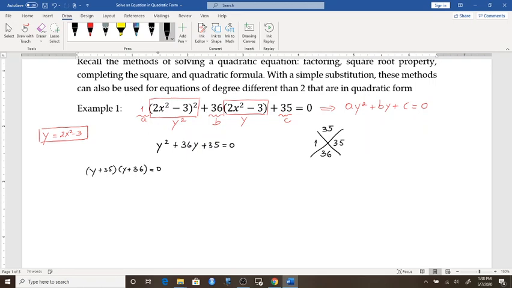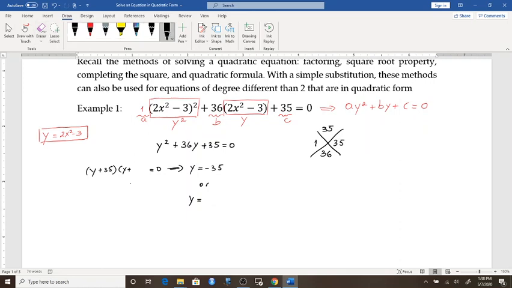Sorry, I don't know why I wrote 36. It's 35 and 1. Let me fix this.